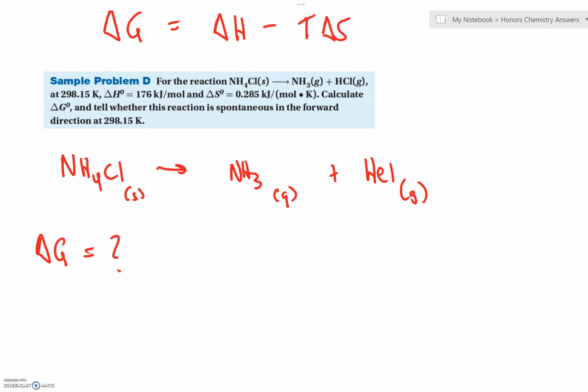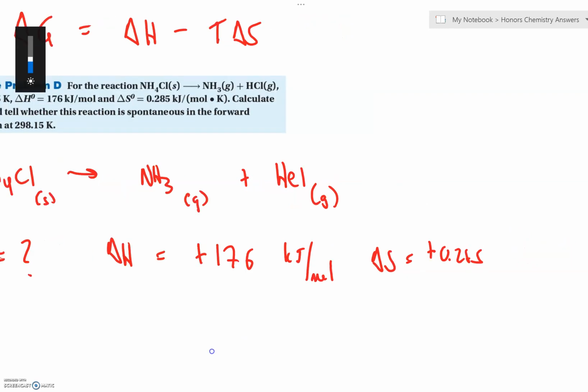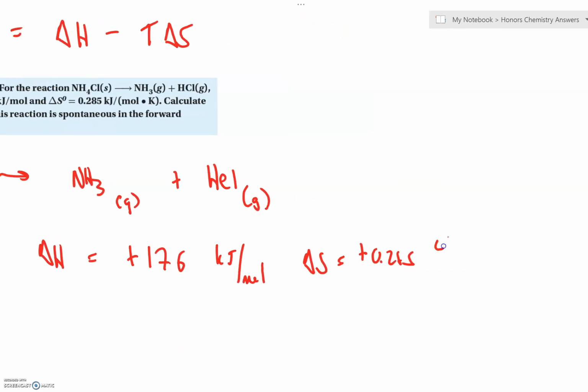It gives us a value for delta H is positive 176 kilojoules per mole. And it also tells us that delta S is positive 0.285 kilojoules, sorry, kilojoules over moles Kelvin.